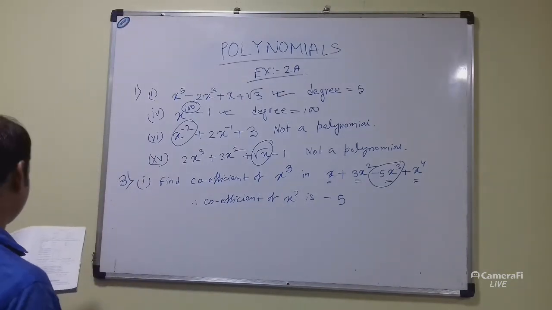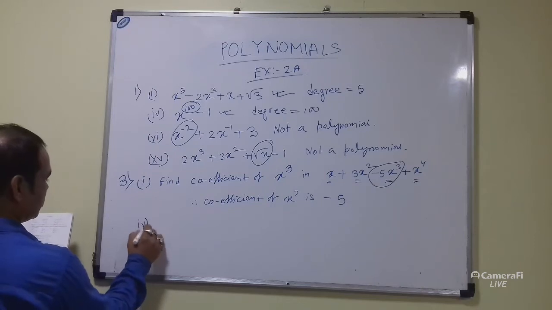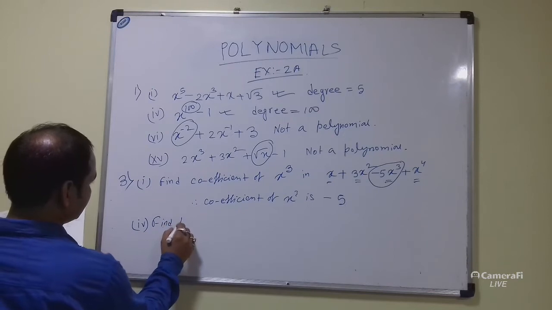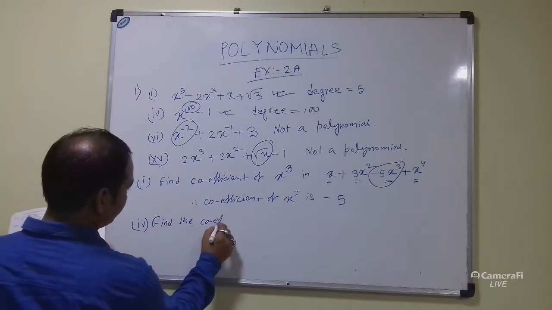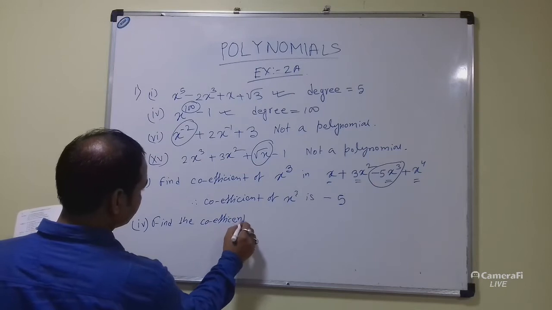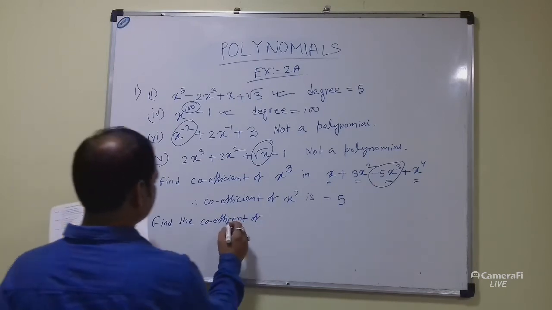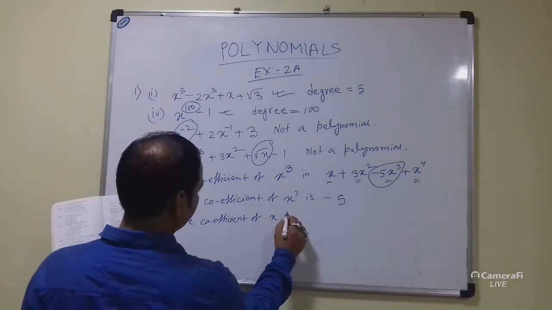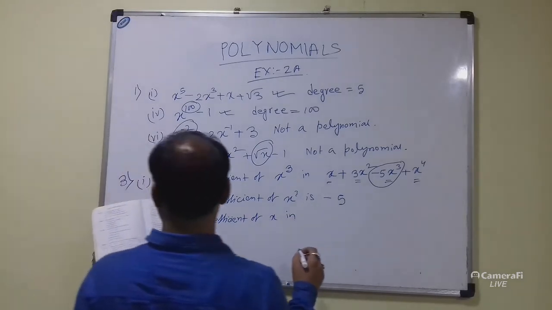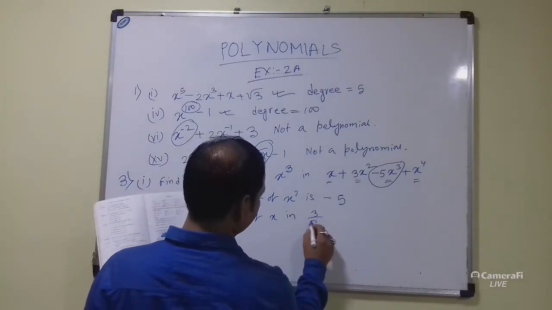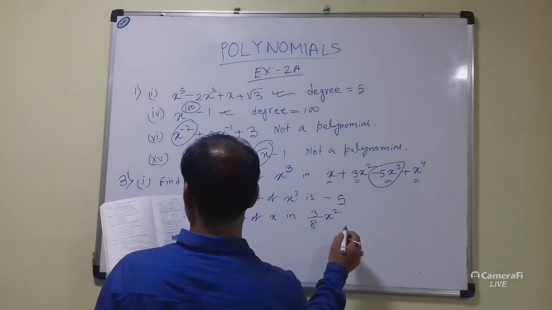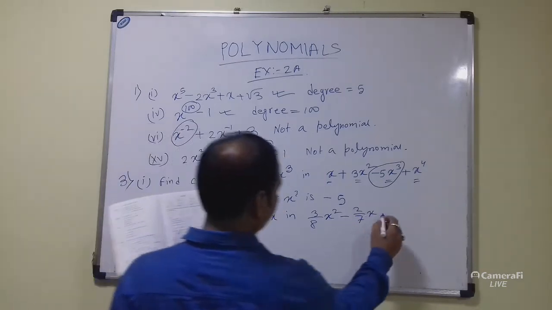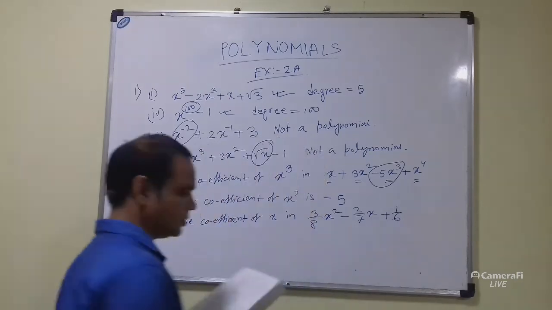Next, problem number 4. Find the coefficient of x in 3 by 8 x square minus 2 by 7 x plus 1 by 6.